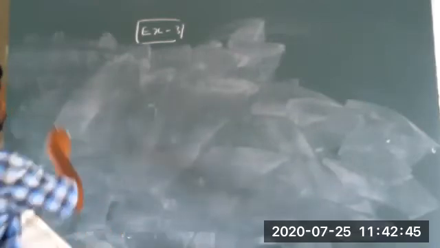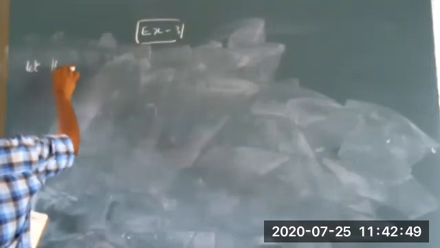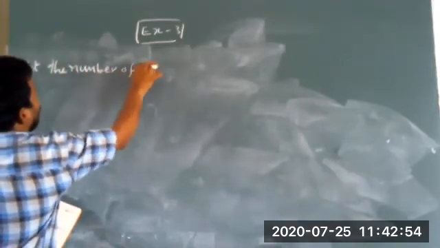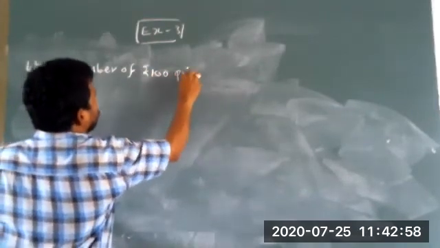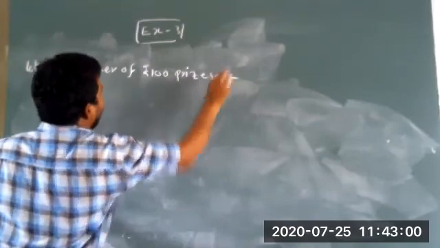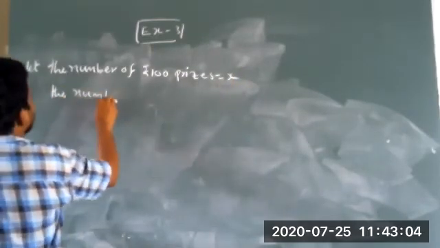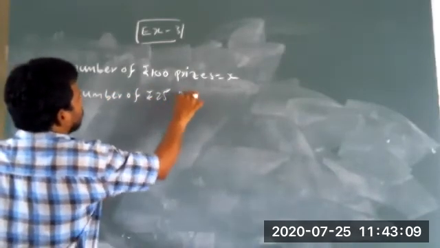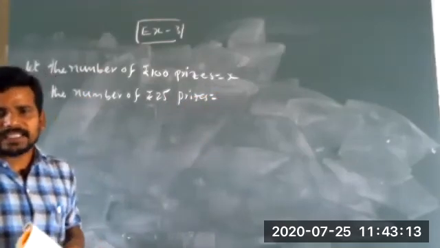So let the number of 100 rupees prizes equal x. The number of 25 rupees prizes equals the total prizes, how many? 63.